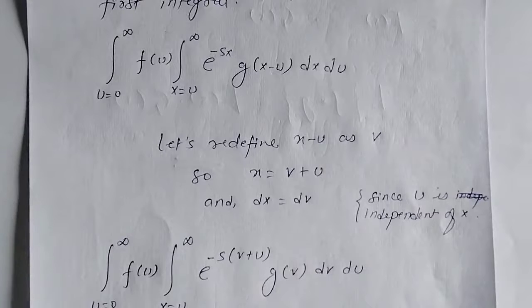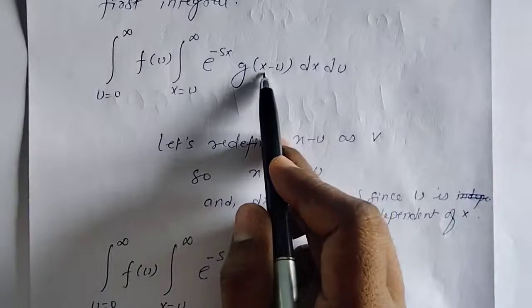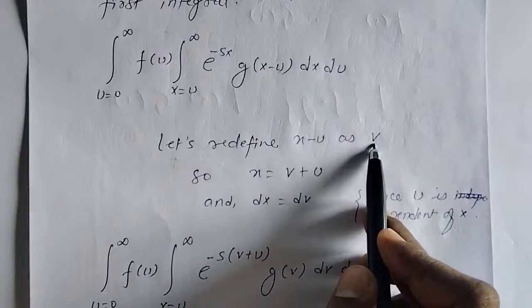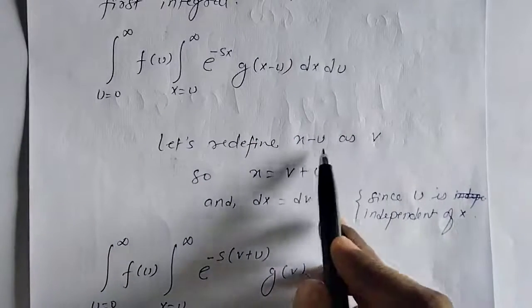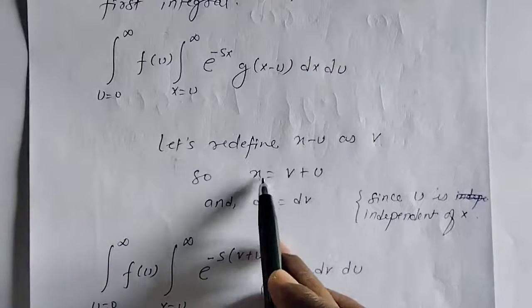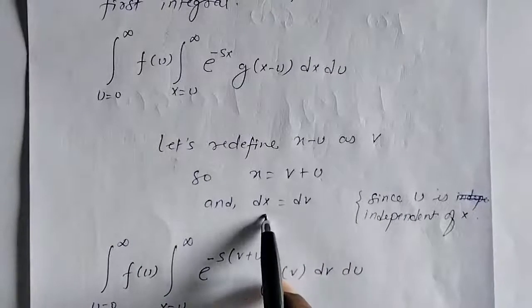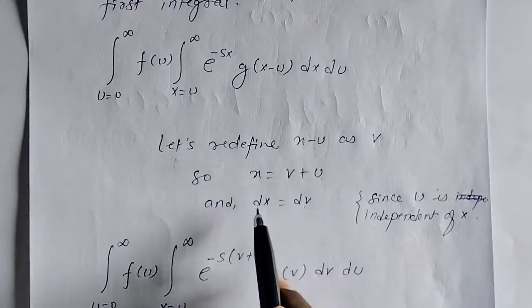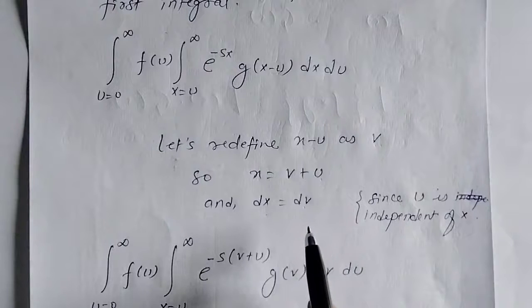Now you see, we will redefine x minus u as v. So x minus u equals v. So what does x become? x becomes v plus u, and dx becomes dv, because x and u are independent.